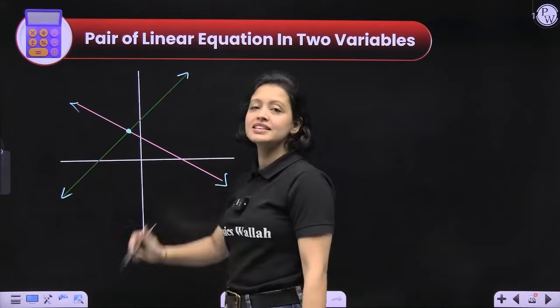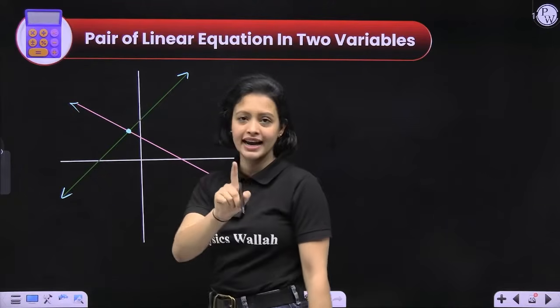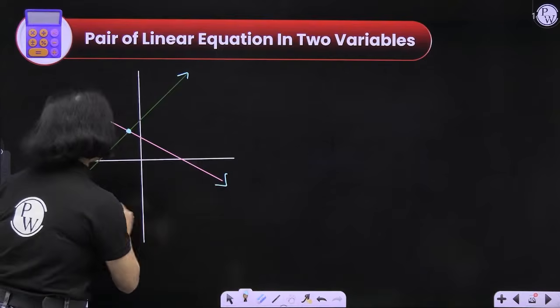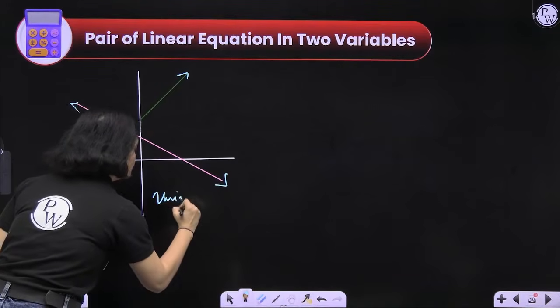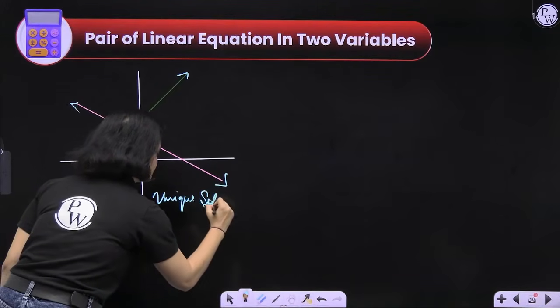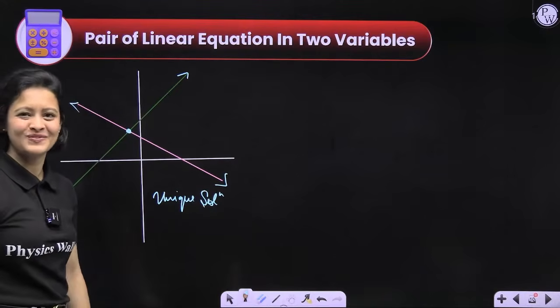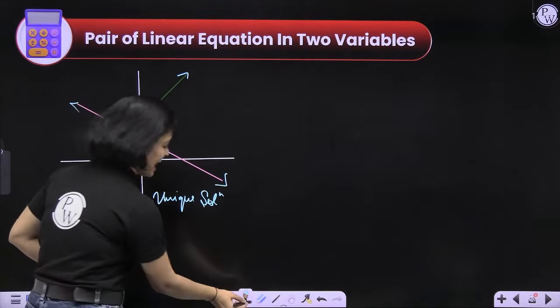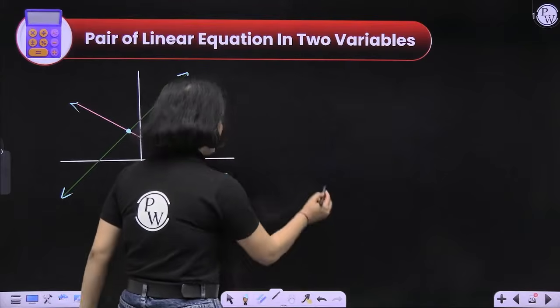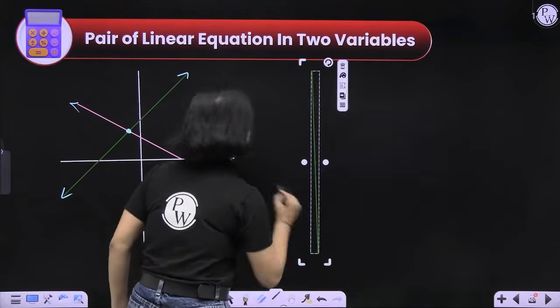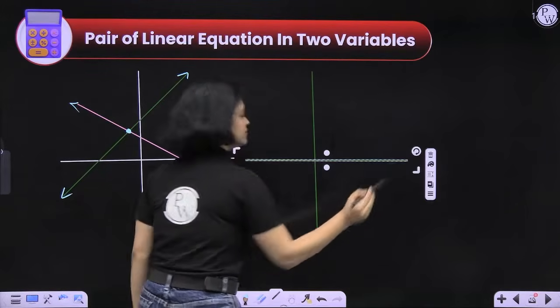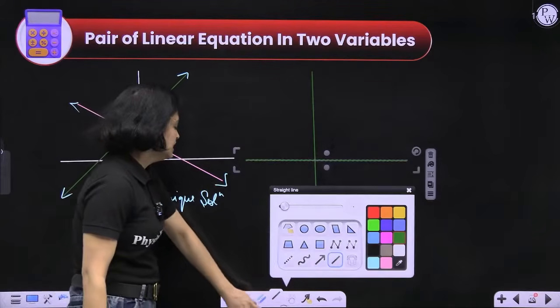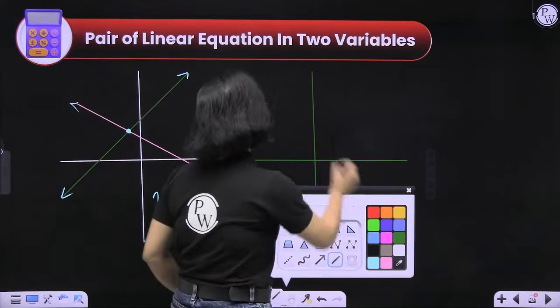So, this is case 1, where you are getting a unique solution. Two lines intersect, and the intersection point is your solution.